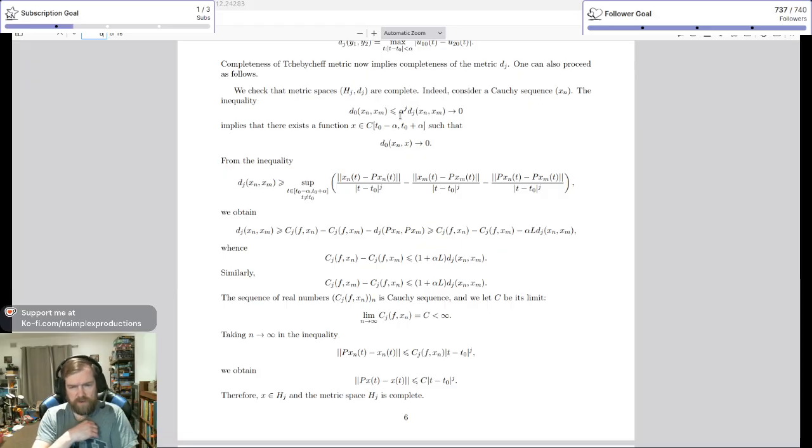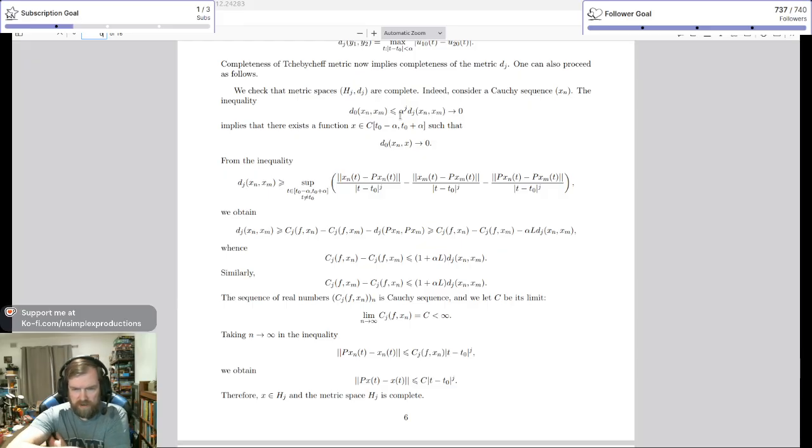Taking n to infinity, the inequality here, the distance between P x sub n of t and x sub n of t is less than or equal to C sub j of f x sub n times t minus t0 to the j.